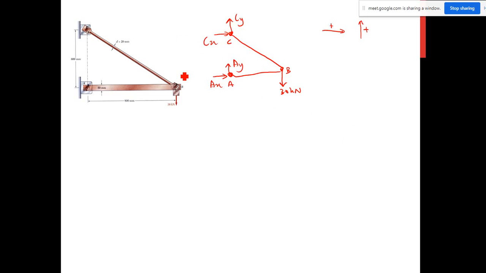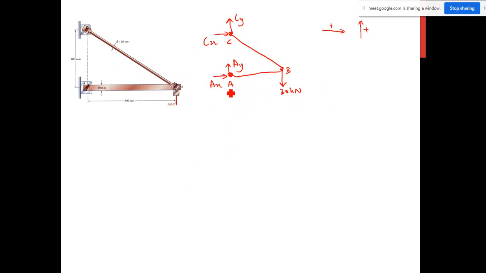For X, it goes towards the right, and for Y, it goes upward. If you get a negative value, it means your assumption is wrong. The value is still correct, but you know the direction you assumed is wrong. So please assume all in the positive direction.